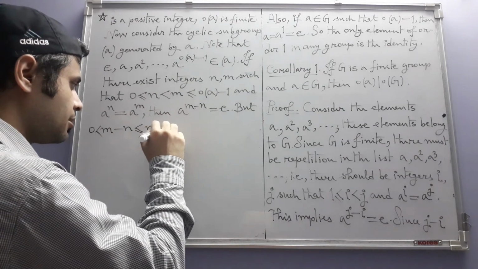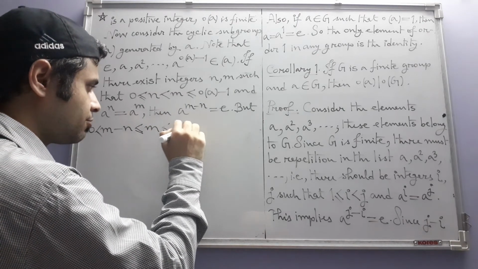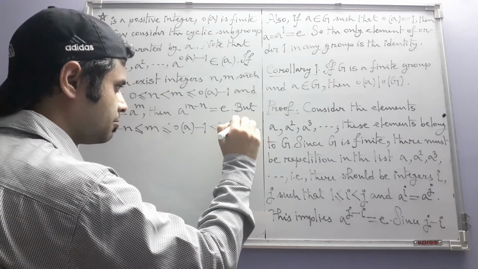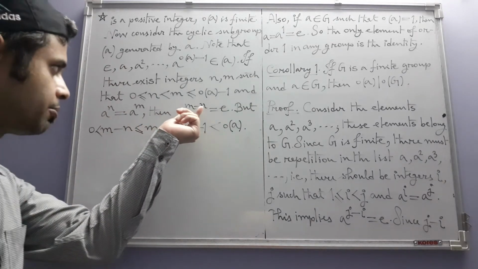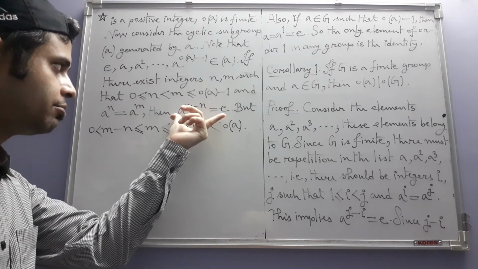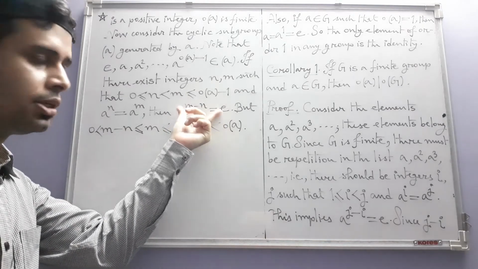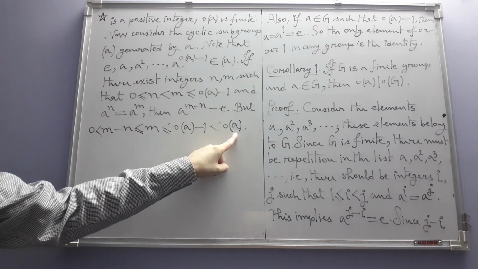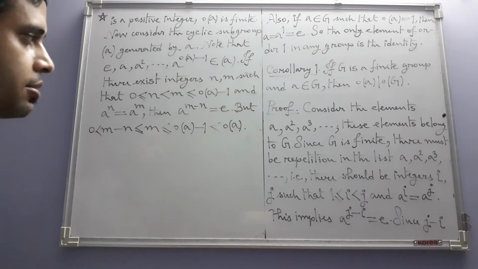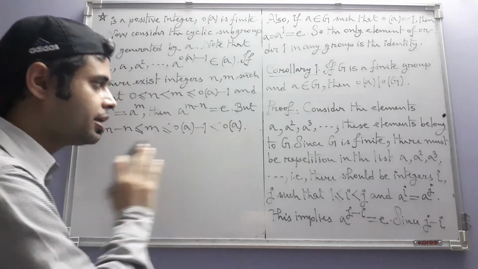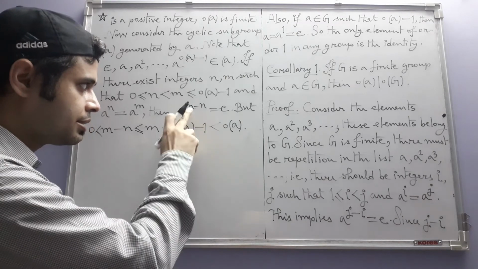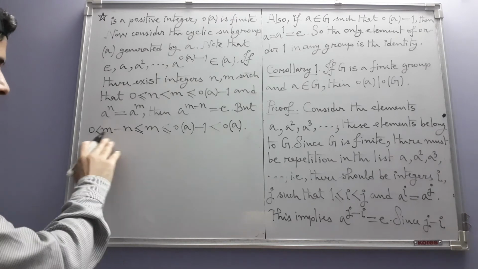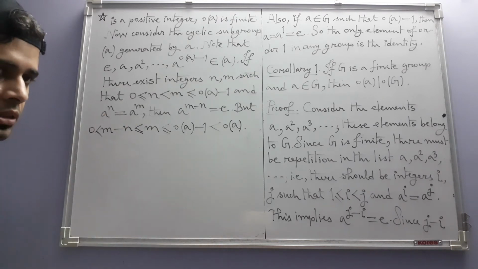Which m itself is less than or equal to order of a minus 1, which is strictly less than order of a. So we have obtained a positive integer for which this equation is true, but m minus n is less than order of a, and this contradicts the minimality of order of a, because by definition order of a is the smallest positive integer, which when you place here in the exponent the equation should be true. But here we have got an even smaller positive integer.